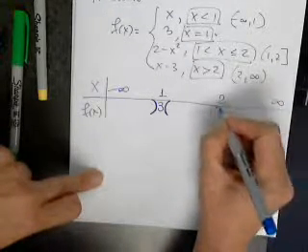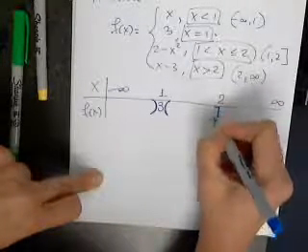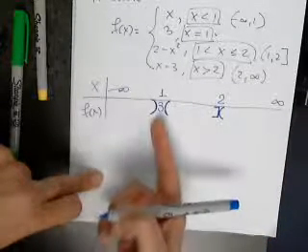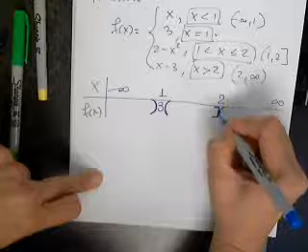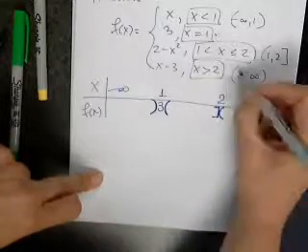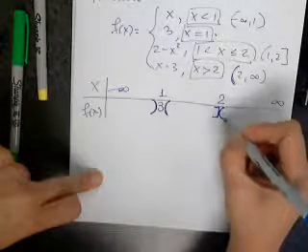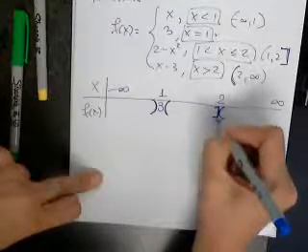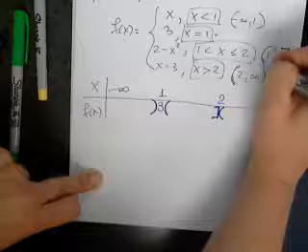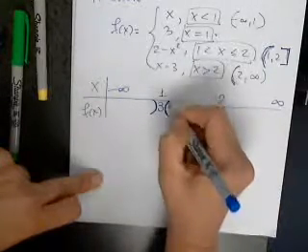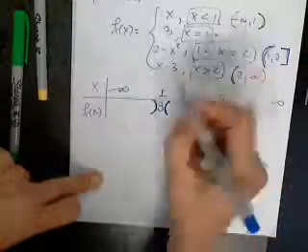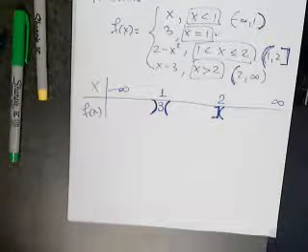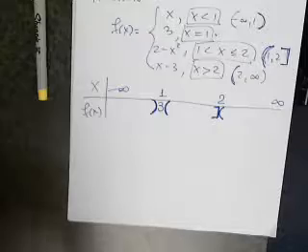Under 2, I have a bracket opening to the left and a parenthesis touching it going the other way for 2. Now I know that this is an overkill, but please bear with me.